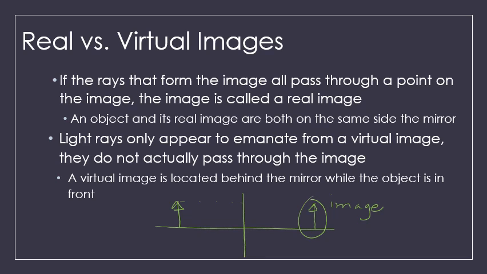That means the light doesn't actually get over here. There is no light that gets behind the mirror, but your eye creates that image behind the mirror. And so this is a virtual image. It is not a real image. When the object and the image are on the same side of the mirror, then we would have a real image. Again, not the case here. When they're on opposite sides, we have a virtual image.